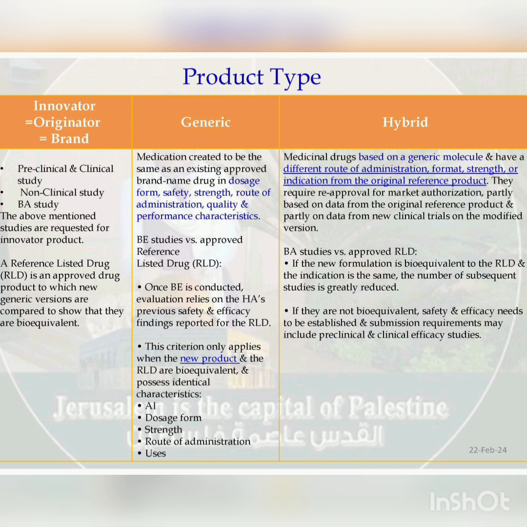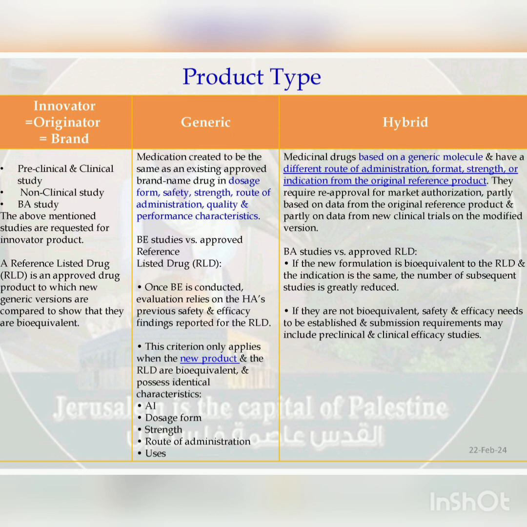In the registration dossier of the generic product, you must submit the bioequivalence study. The bioequivalence study is performed versus the approved reference listed drug innovator product. Once the bioequivalence study is conducted, evaluation relies on the health authority's previous safety and efficacy findings reported for the reference listed drug.